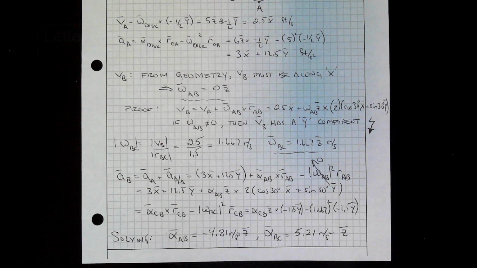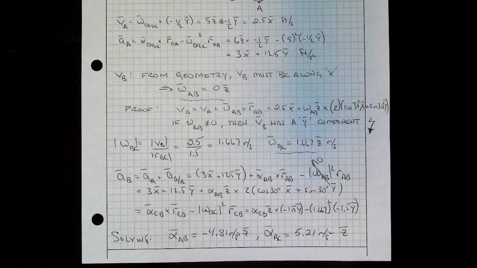I would argue that's obvious, but the first time we do this, we can actually prove it to ourselves. So here we have the proof. VB equals VA plus omega cross r. VA is 2.5 in the x, with no y component. When we do omega cross r, notice z cross x gives a y.